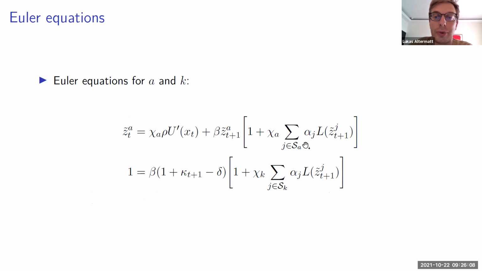But if there's a liquidity premium, then the asset price might increase. Here we put these Euler equations in terms of the liquidity position, but you can also rewrite them in terms of the asset price, and then you really get the fundamental price, which is just a function of the fruit and the discount factor. But it might then be augmented by liquidity. And the same is true for capital down here.